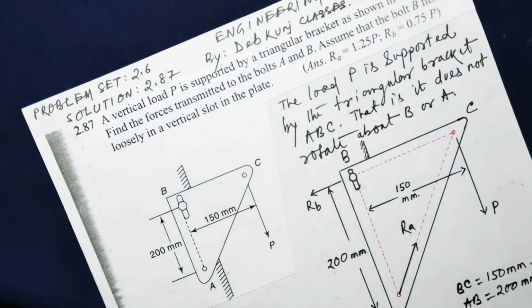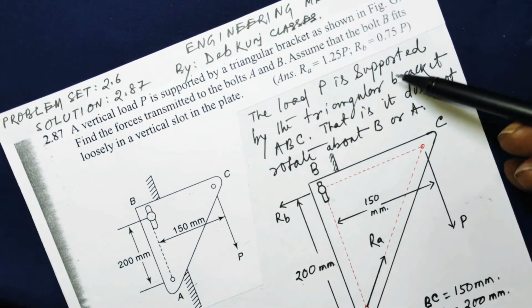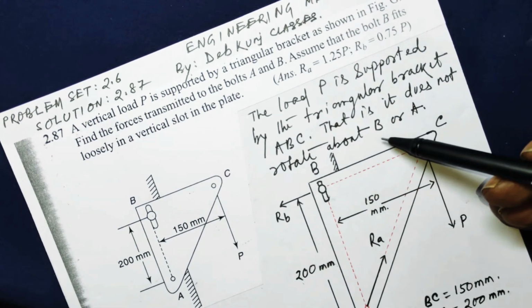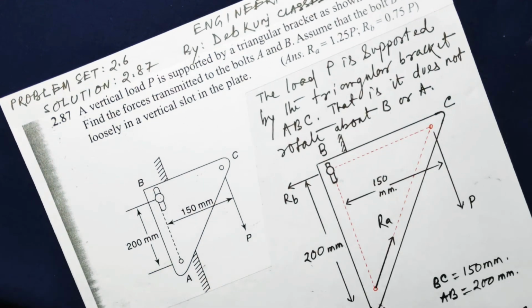So I have redrawn the diagram and am explaining. The load P is supported by the triangular bracket ABC. That is, it does not rotate about point B or point A. Supported, it is in equilibrium.